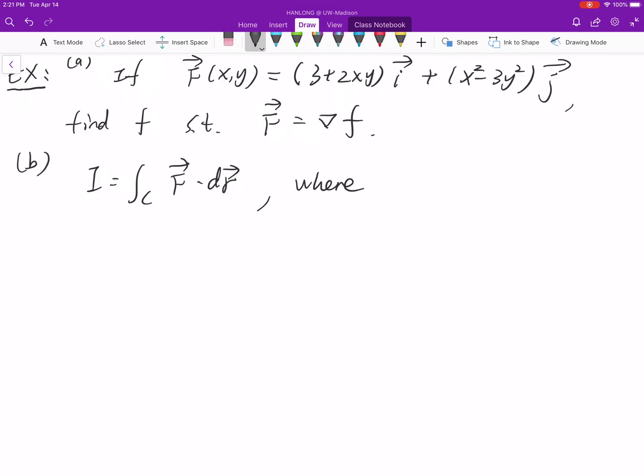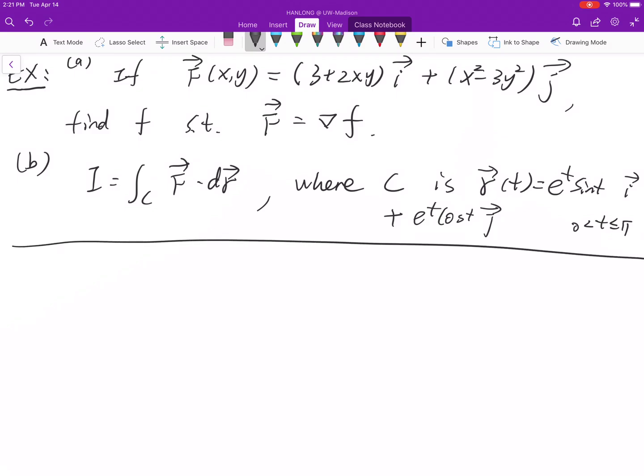Here F is as above, but here C is an explicitly defined curve: e to the t sine t is the first coordinate, e to the t cosine t j, and t is from 0 to pi.